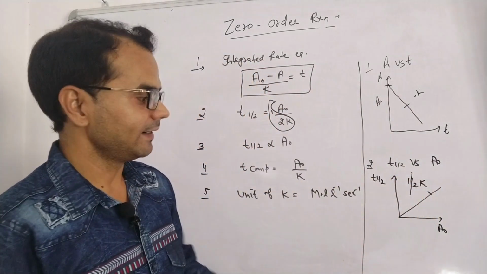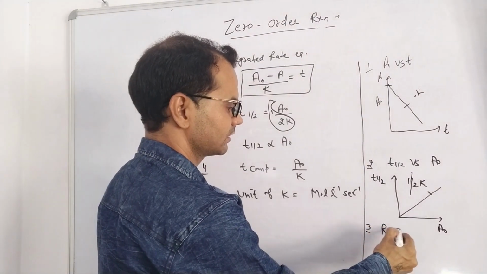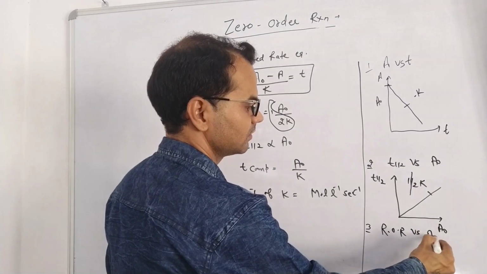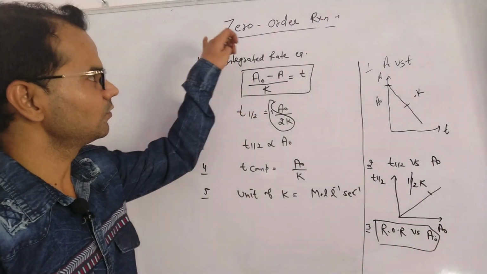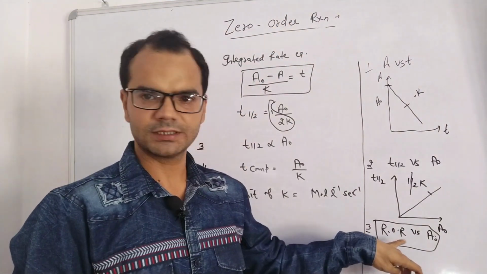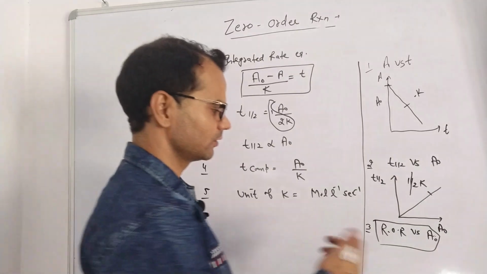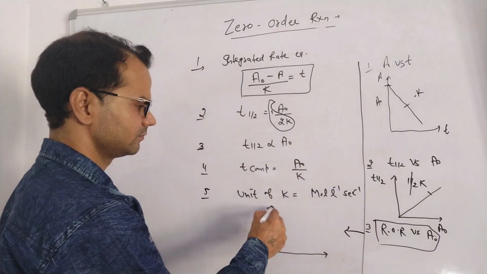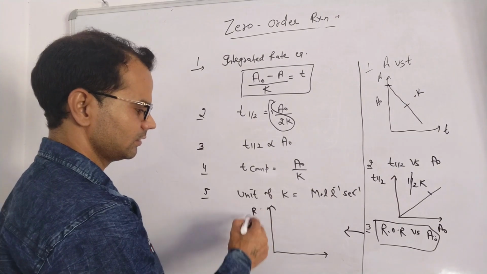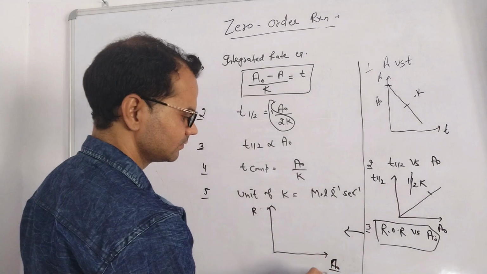And last, third graph we can plot rate of reaction versus concentration. As we have discussed, for a zero order reaction, rate of reaction does not depend on the concentration of the reactant. So the graph will be an independent graph, rate of reaction versus concentration.